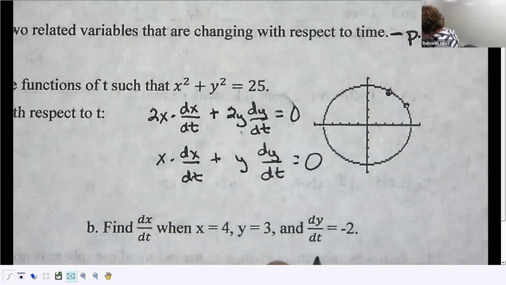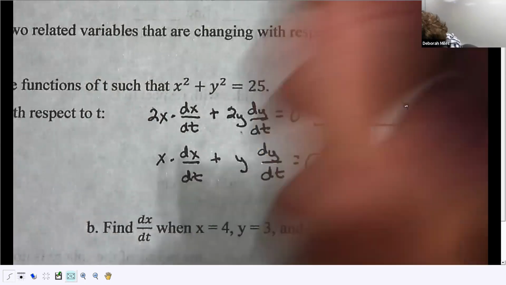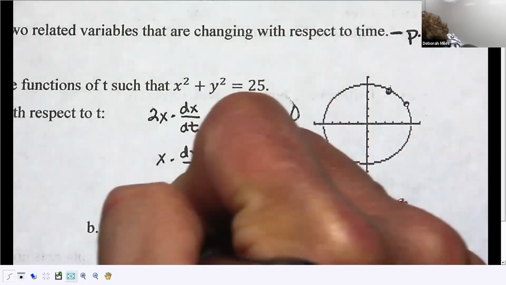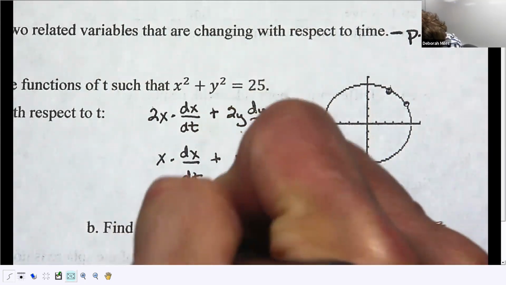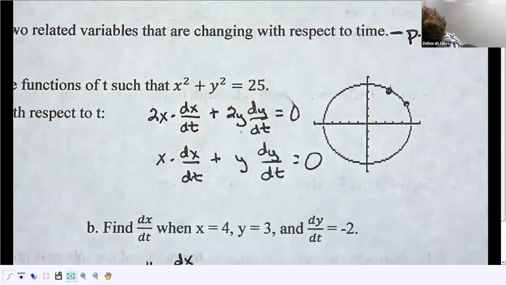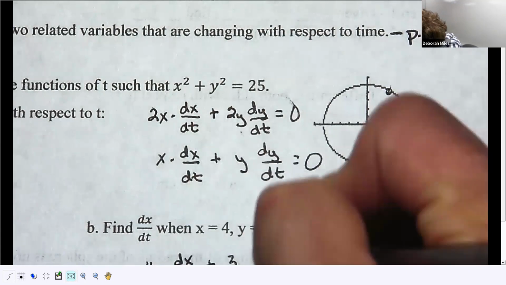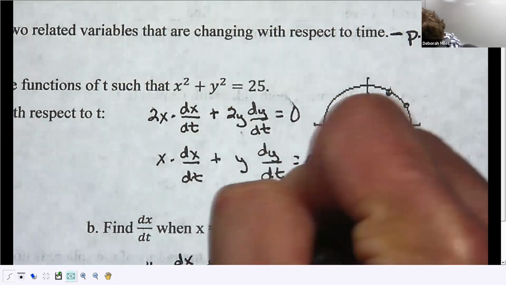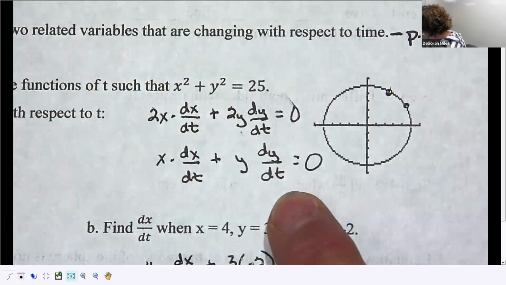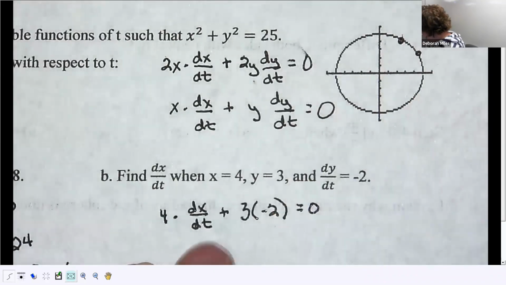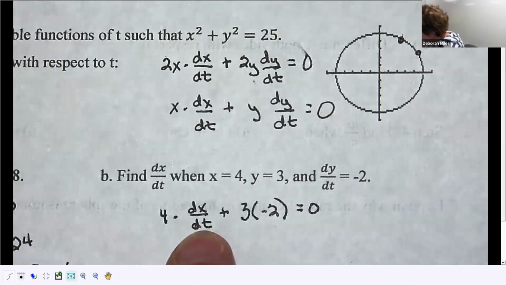So I'm going to substitute 4 in place of the x. I'm looking for dx over dt. I'm going to put 3 in the place of y and -2 in the place of dy over dt, and solve that for dx over dt.